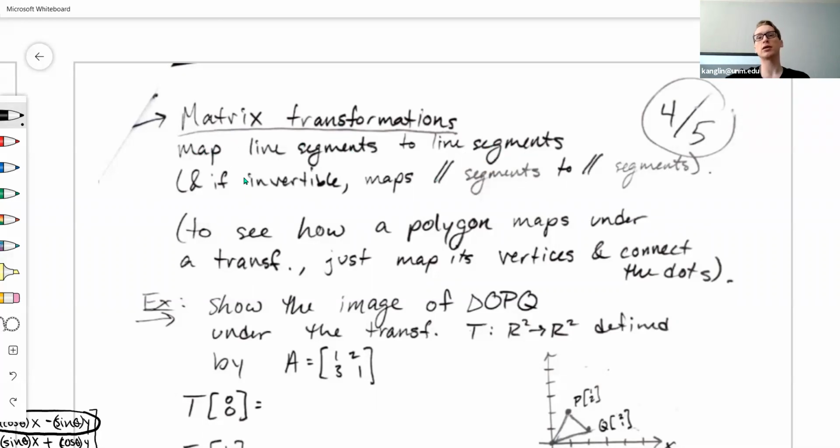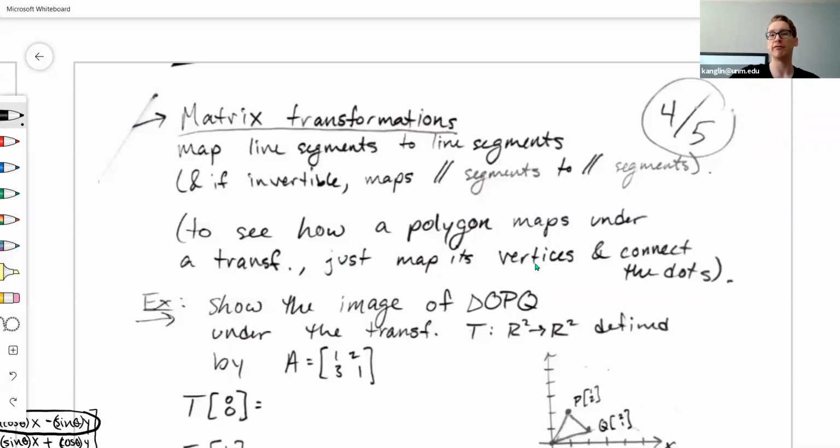Also, if that matrix that defines your transformation is invertible, it's actually going to map parallel segments to parallel segments. A segment from here to here or from here to here, parallel segments, will both be mapped over to two new segments that are parallel in the codomain. Really nice property. And just the fact that matrix transformations map line segments to line segments gives us a really easy way to see how a polygon maps under some transformation defined by a matrix.